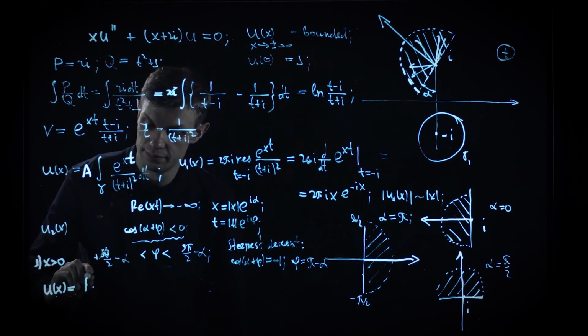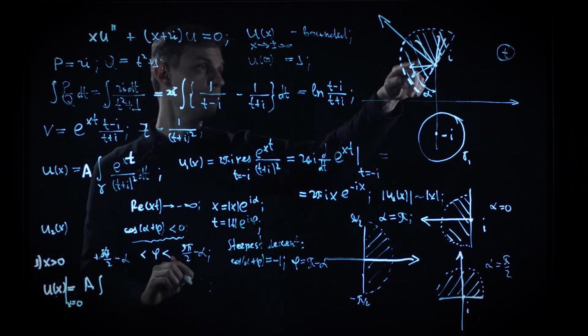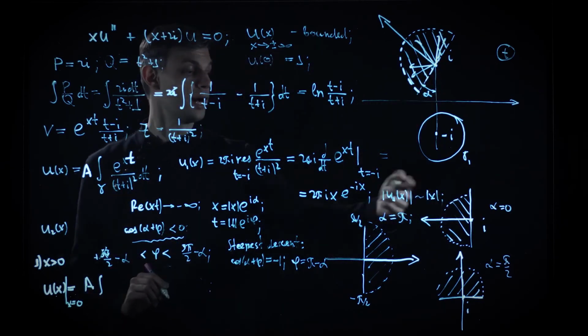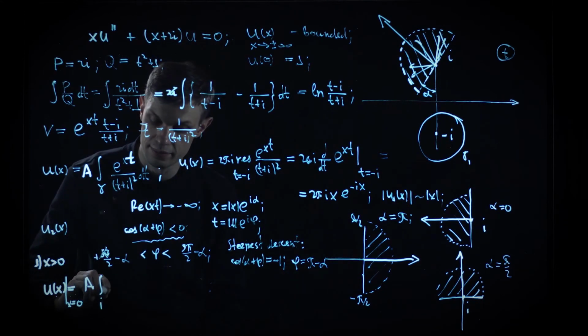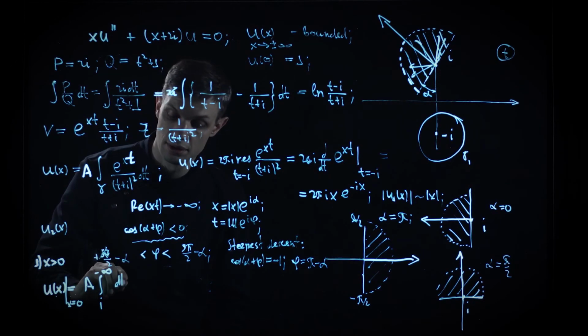a, at x equals 0, from point I to, in this particular case for positive x, from I to infinity, minus infinity, dt over (t plus I) squared.